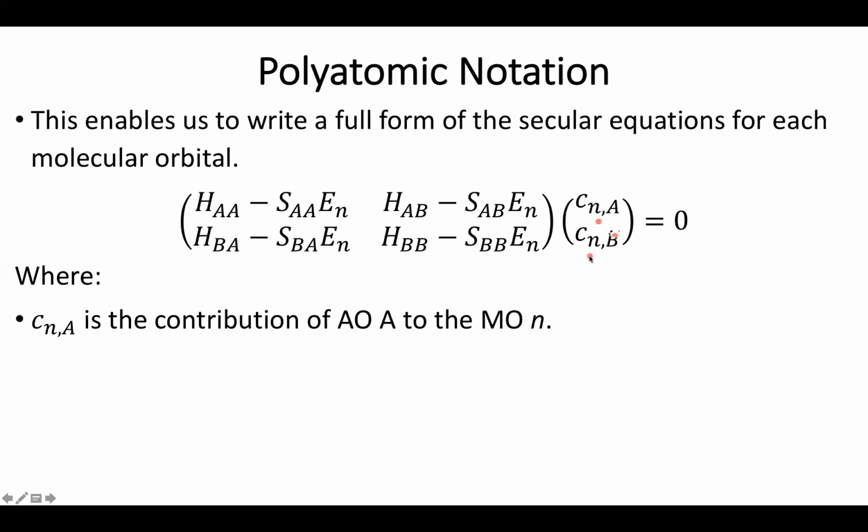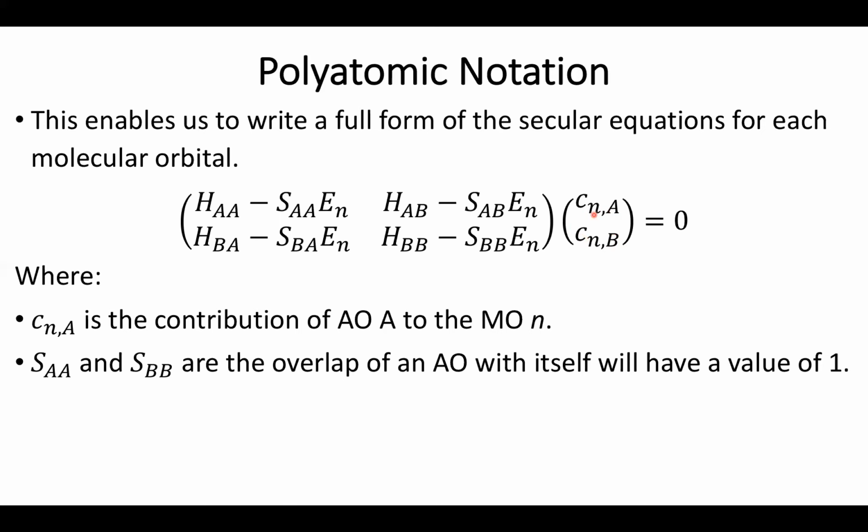We can use these contributions to determine the probability of the wave function being found on atom A, B, or C, simply by taking the square of these values, as this will turn our coefficients back into the probability expressions.